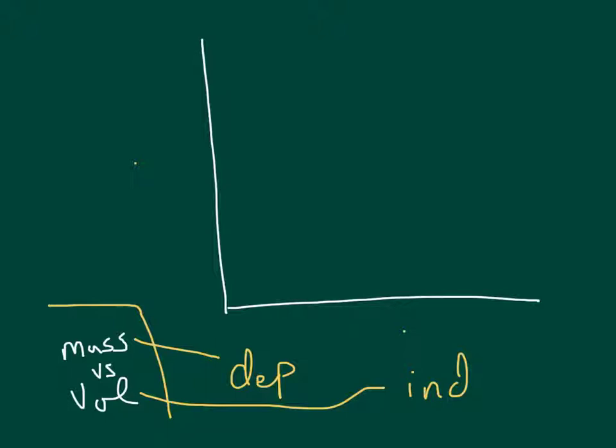Independent goes on the horizontal axis. The reason for that is that independent is what is being held constant or what we're controlling. Dependent is how this value, how mass would change as volume increases.